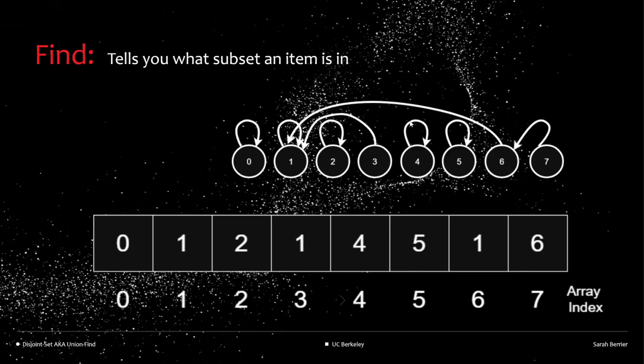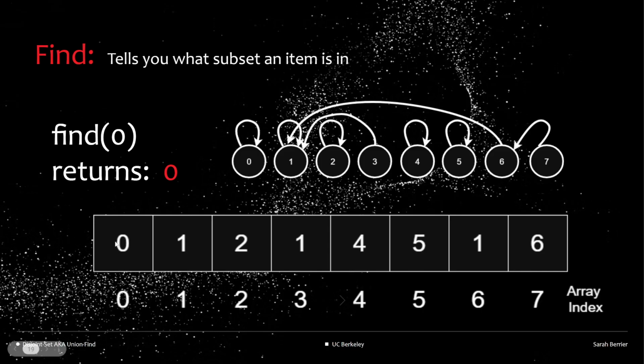Now on to find. Find, if you remember, will tell you what subset an item is in. When you find 0, it's going to return 0. 1 is going to return 1. 3 is going to return 1. And 7 you might think would return 6, but remember, it's returning that root element.